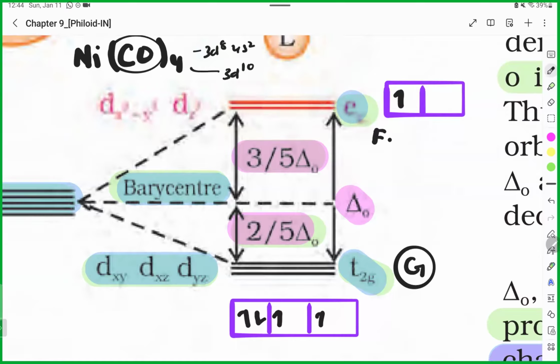Yes, sir. But you have to imagine that after transferring two electrons from s, it became highly stable because of the fulfilled d orbital. So it basically favors stability, not instability. Okay, sir.